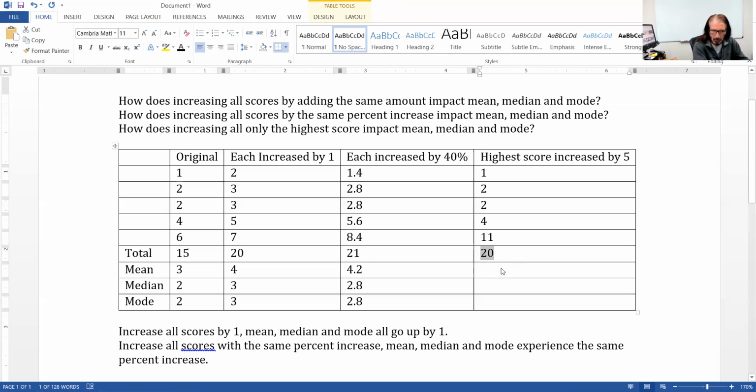So the mean will be 4. Whereas for the median, we're still using the third score. That's the 2. And 2 is the only score that repeated. So both the median and the mode, compared to the original set of data, have not changed.